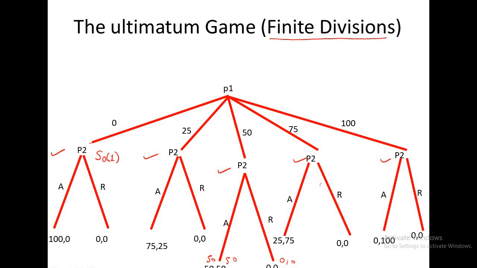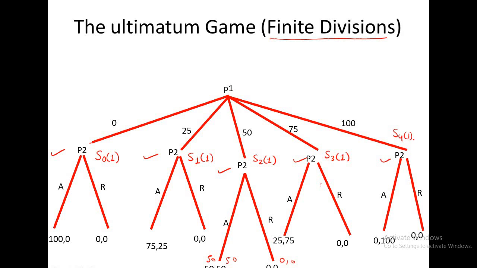S01 means subgame 0 of length 1, and this one is S11, subgame 1 of length 1. S21, subgame 2 of length 1. S31, subgame 3 of length 1, and this one is subgame 4 of length 1.